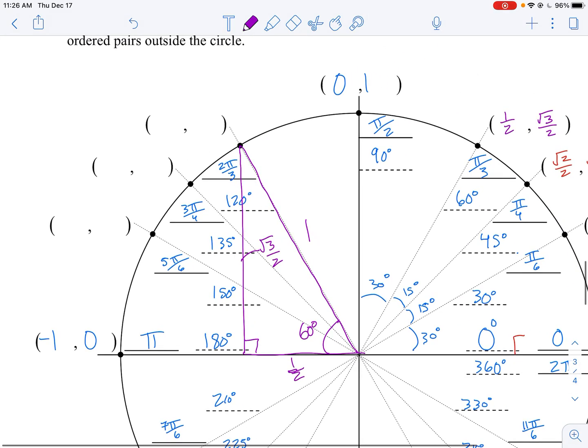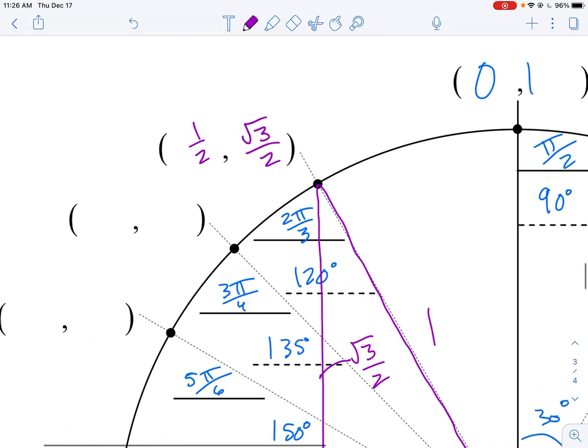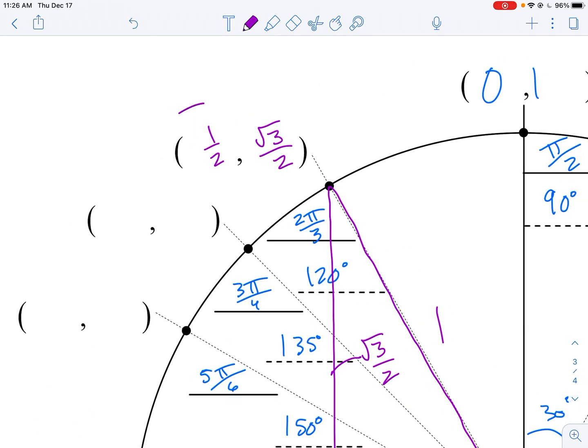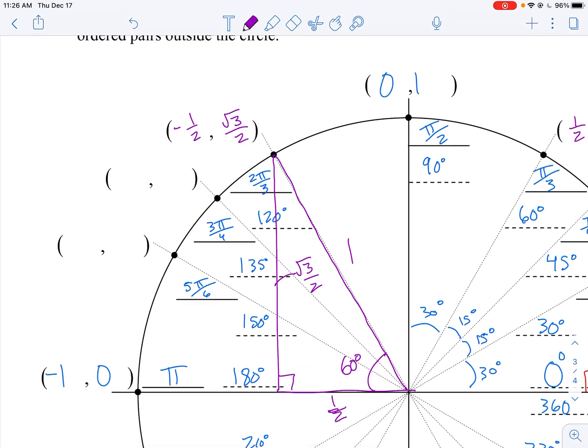That lets me know that this x change here is 1/2, and the y is square root of 3 over 2, but since it's on the left side, this x-coordinate is going to be negative because it's to the left of our origin. So these are the coordinates for this point here, and it matches up with this angle, the 120-degree angle.